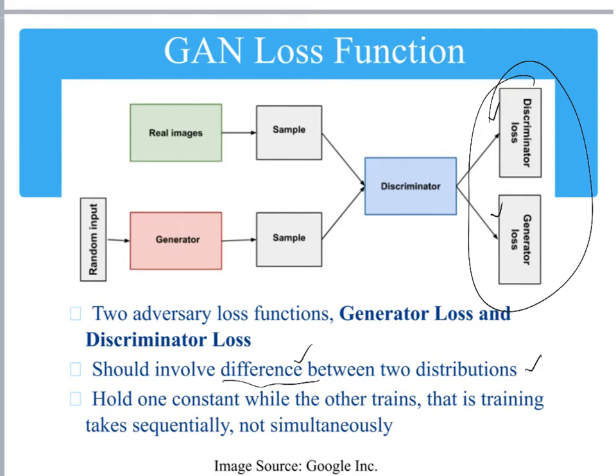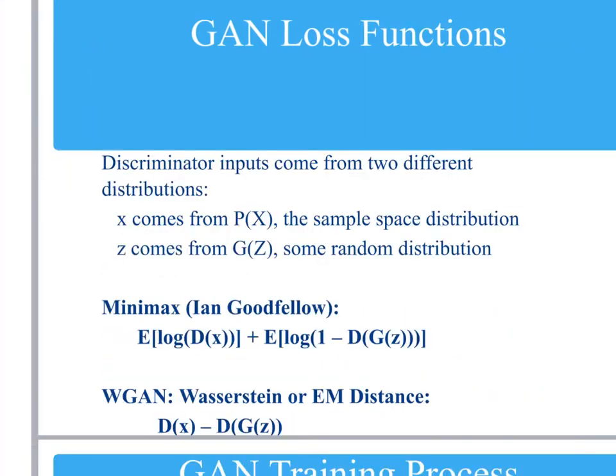Here, when I talk about two distributions, let me clarify. The first distribution is the original distribution from which the samples are coming. The other distribution is that of the fake data generated by the generator, which takes as input, by the way, some random data points.